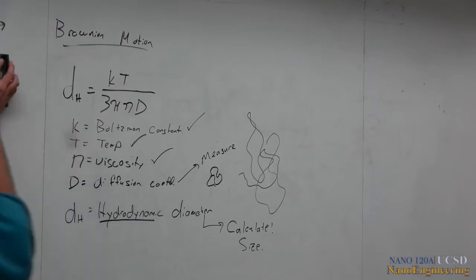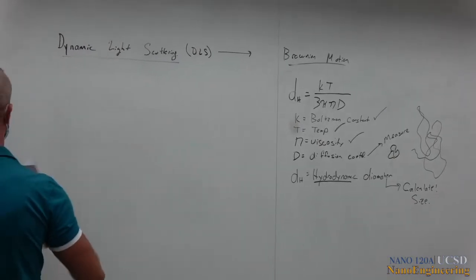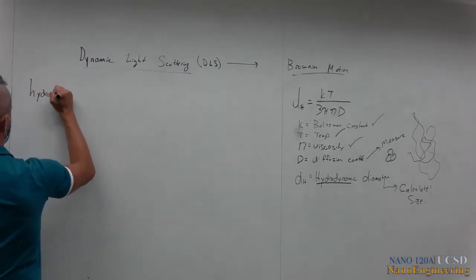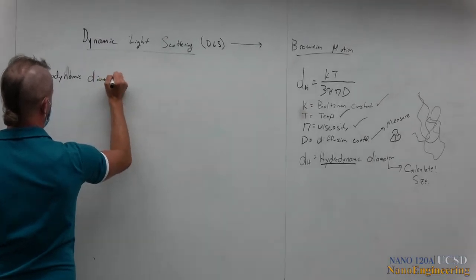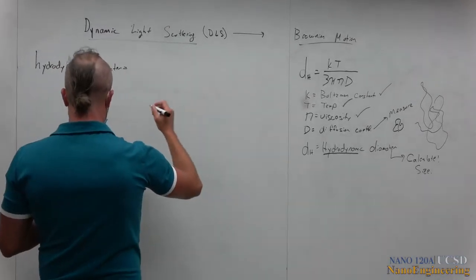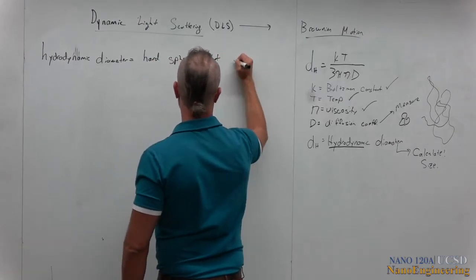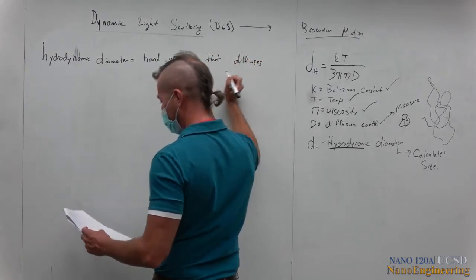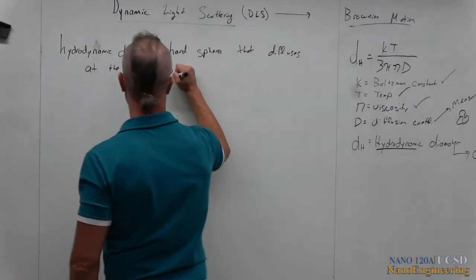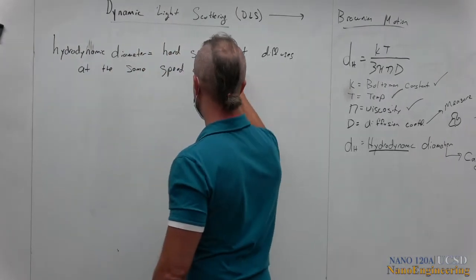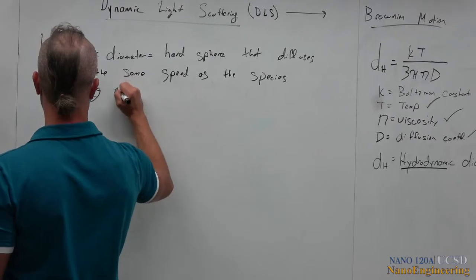Maybe let's go here. It's a hard sphere that diffuses at the same speed as the species being measured.